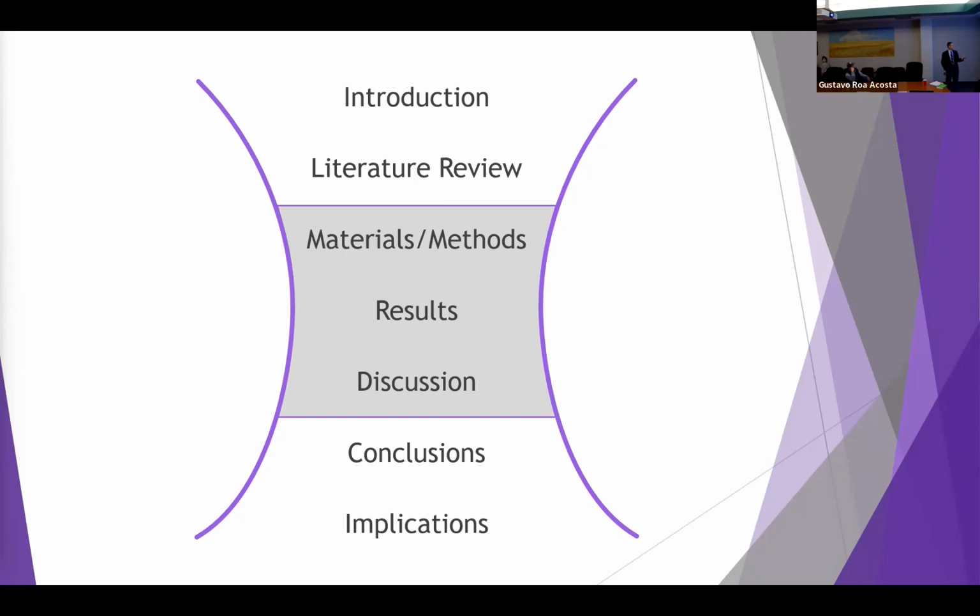Then when we get to these three sections or parts of your paper, they're more introspective. It's really just focused on what's happening in your study, your science, your research that you're producing: your methods, your results, your discussion about those results. But then as we start to get down into the conclusions and implications, now we're starting to go extrospective, not intro.